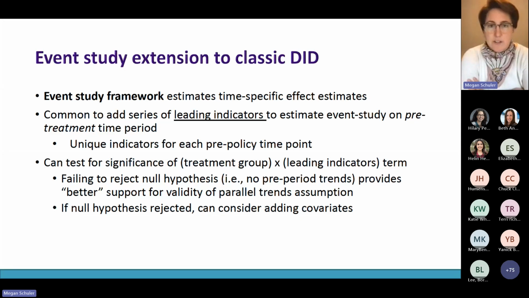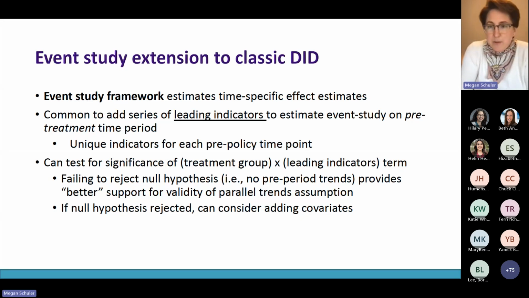So these leading indicators are indicators for pre-policy time points. And it's possible to interact these leading indicators with the treatment group indicator and test for significance. And this is a strategy that can be used to assess whether the treatment groups have differential trajectories in the pre-period.